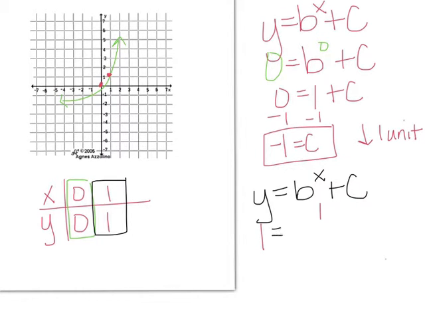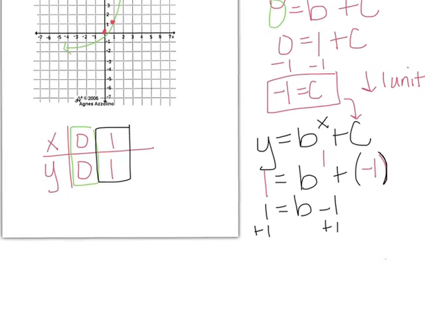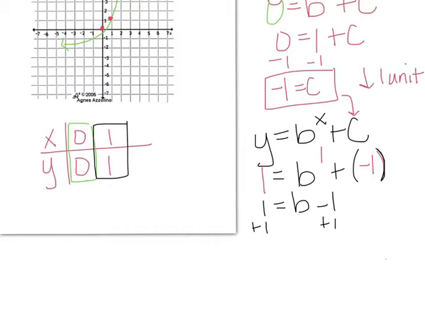So if y equals b to the x plus c, and remember our c value is -1, we just found that right here. Alright, so we have 1 equals b to the 1, which is b. Positive times a negative is a negative. So 1 equals b minus 1. We'll add 1 to both sides, and we have 1 plus 1 is 2.